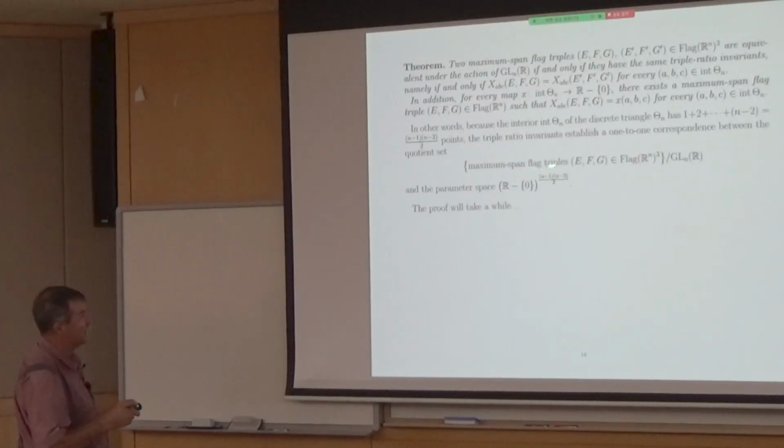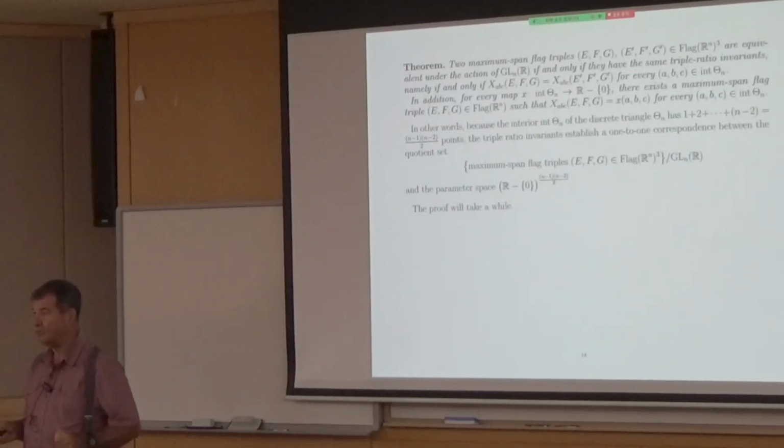So in other words, you have a one-to-one correspondence between the space of flag triples modulo the action of GL_n and the space of potential triple ratios, namely R minus the origin to the power of the number of dots in the interior of the discrete triangle. Okay, so that's what I would like to prove.